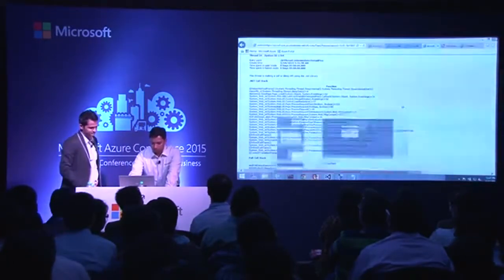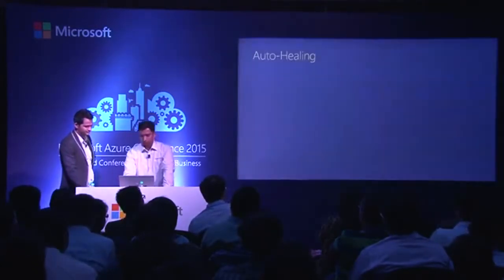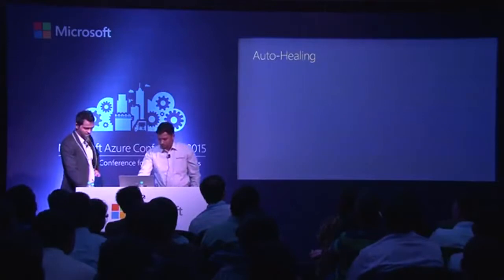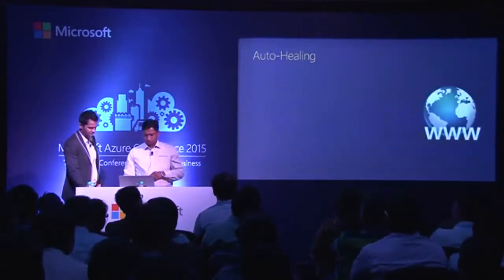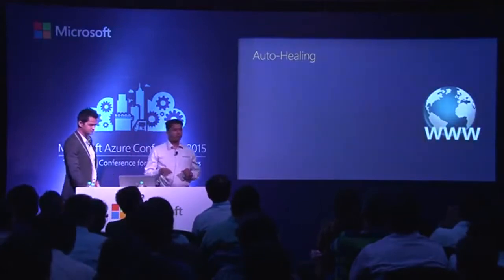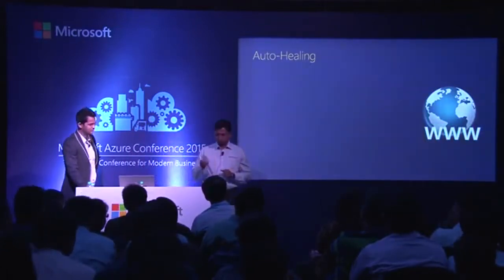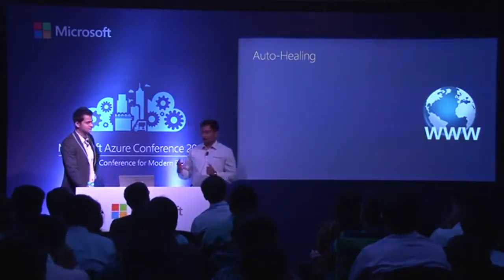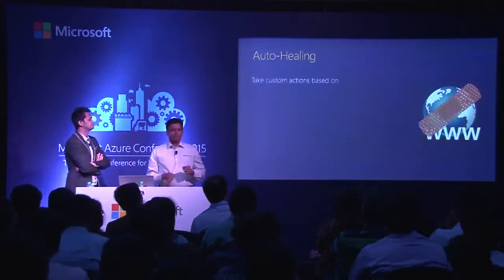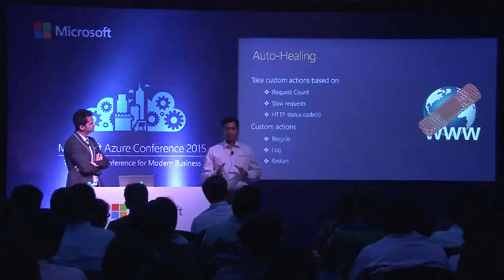We want to move on and talk about something else, which is auto healing. At times we have situations where you have a website which is not performing well, and typically you are under pressure to resolve it as soon as possible. Auto healing is like a band-aid for your website, which allows you to do specific things on a custom event.